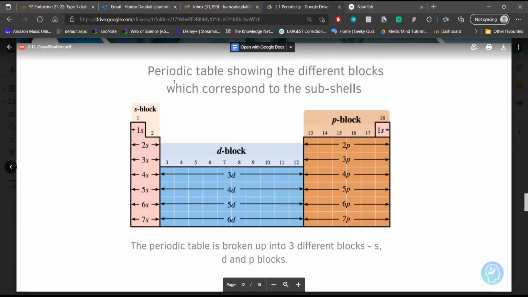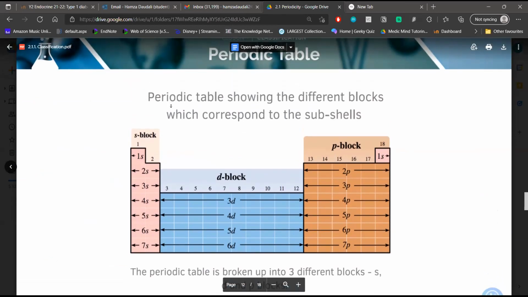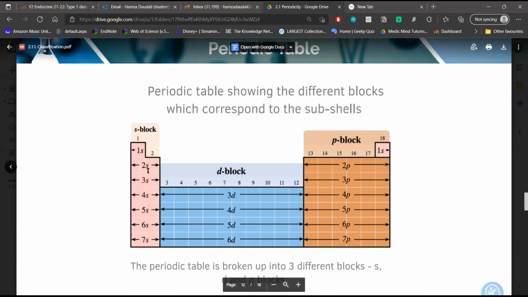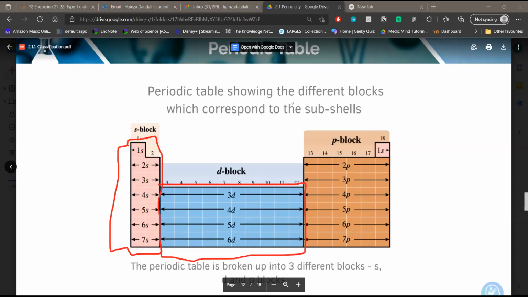Remember, the blocks of the elements are to do with where the outer electron is located in which subshell. So you have the s orbital. These are where the outer electron is in an s orbital. D block elements or the transition metals all have their outer electron in the d orbital.